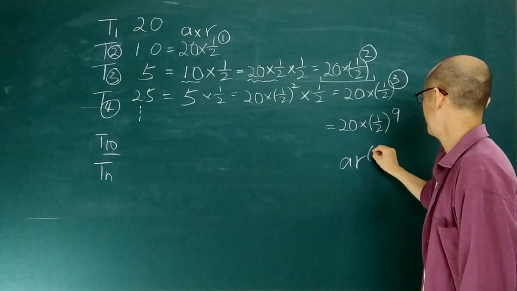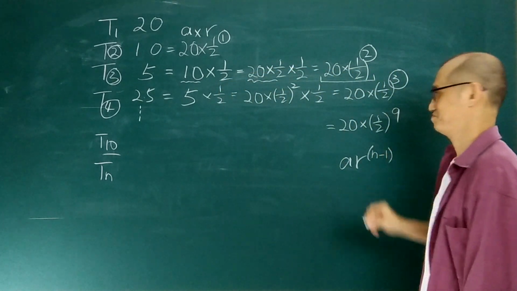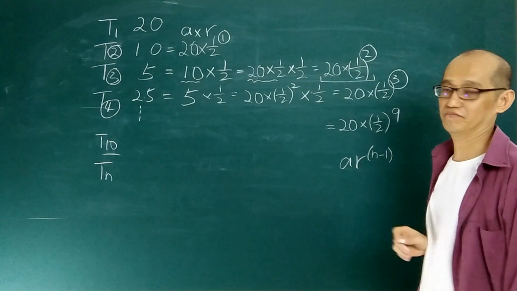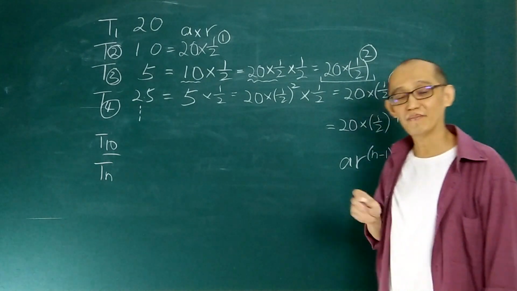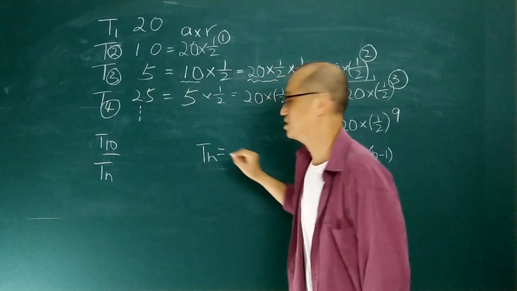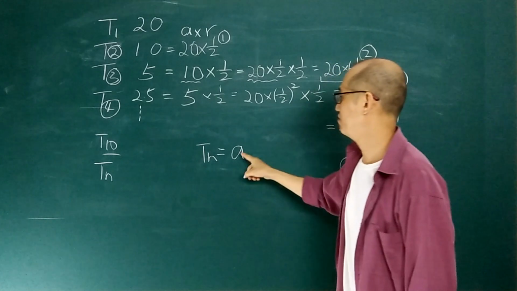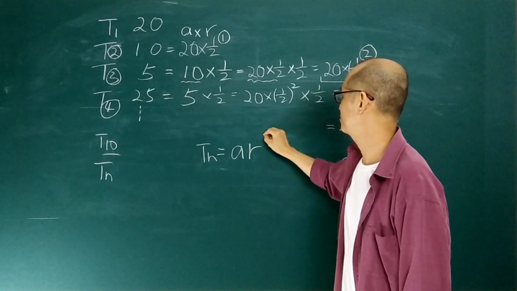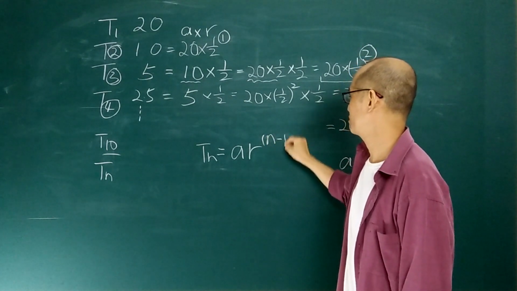So here is going to be n minus 1. So we get the equation to find the nth term of a geometric progression. That is Tn equals first term times common ratio to the power of n minus 1.